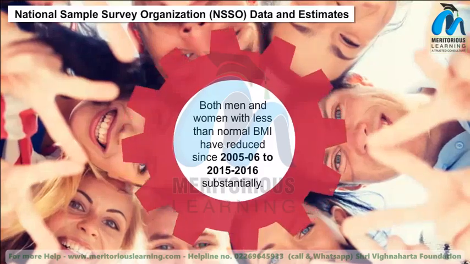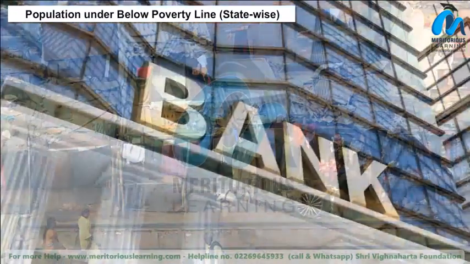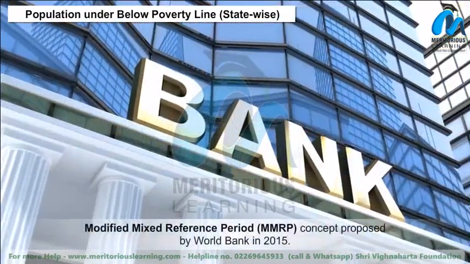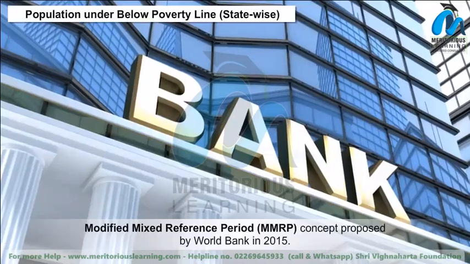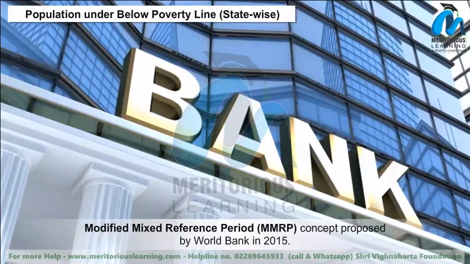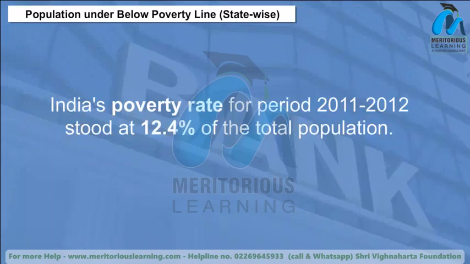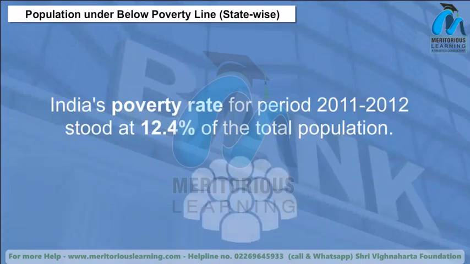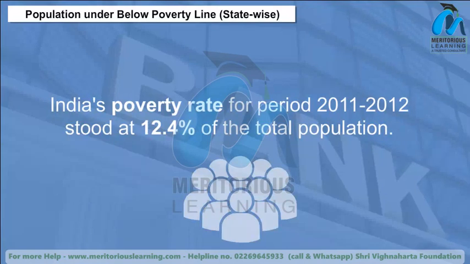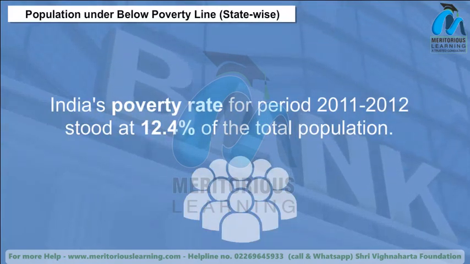Population below poverty line, state-wise. According to the Modified Mixed Reference Period or MMRP concept proposed by the World Bank in 2015, India's poverty rate for the period of 2011-2012 stood at 12.4% of the total population.